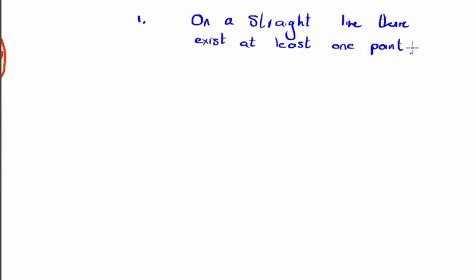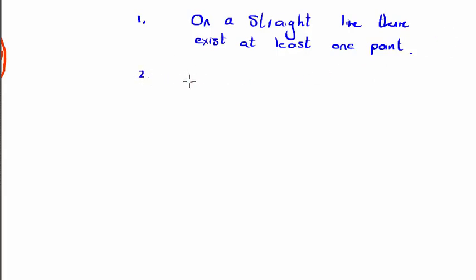We can't prove it. A line is not defined as a bunch of points, and a lot of people define it like that. But you can't define it that way. I'm not going to go into that now. But on a straight line, there's at least one point.